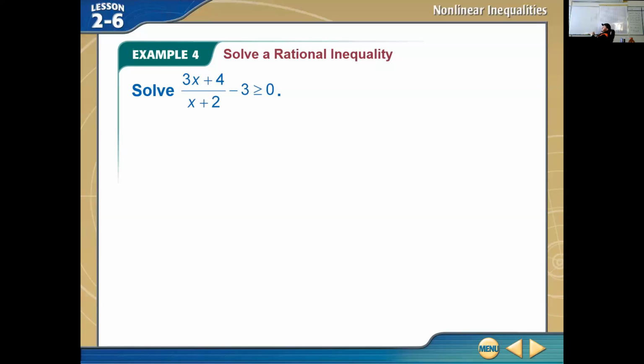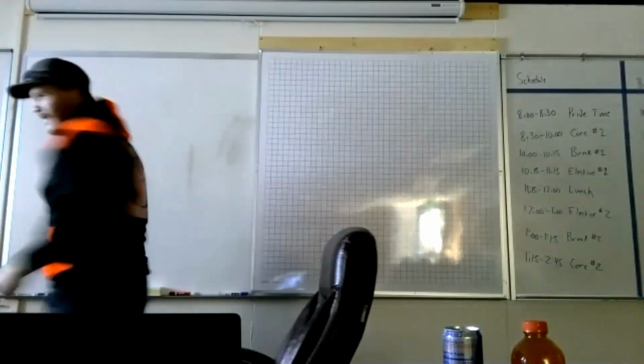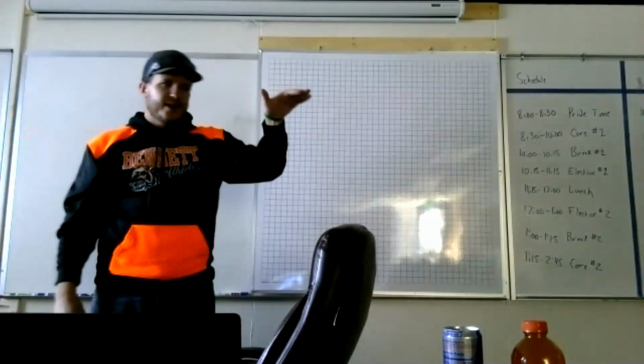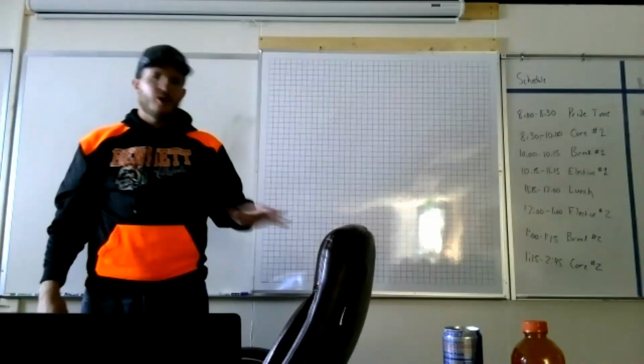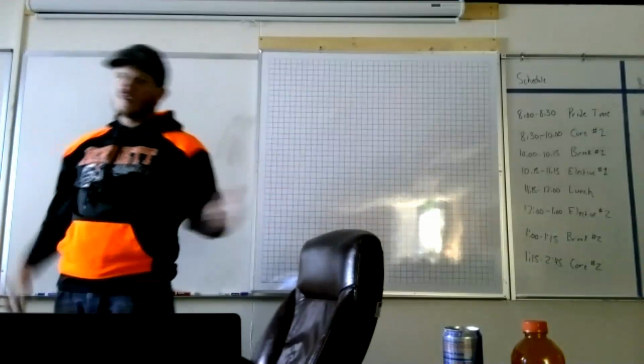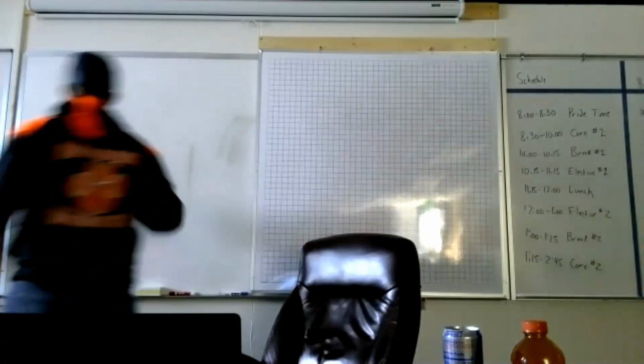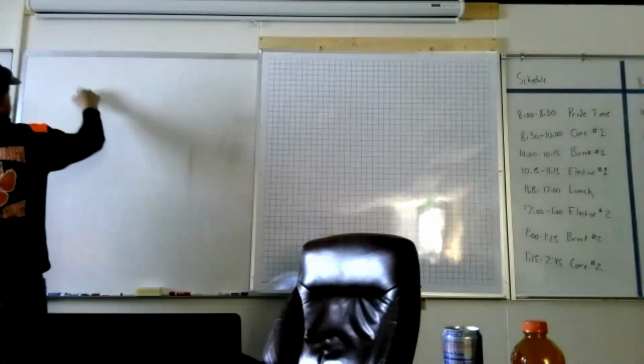So that says our horizontal asymptote should be at the leading coefficient ratio of 3 over 1. So not even considering that -3 at this time, because all that does is take that rational function and drop it down. When we were graphing rational functions, it was always just expressed as like (3x plus 4) over (x plus 2).